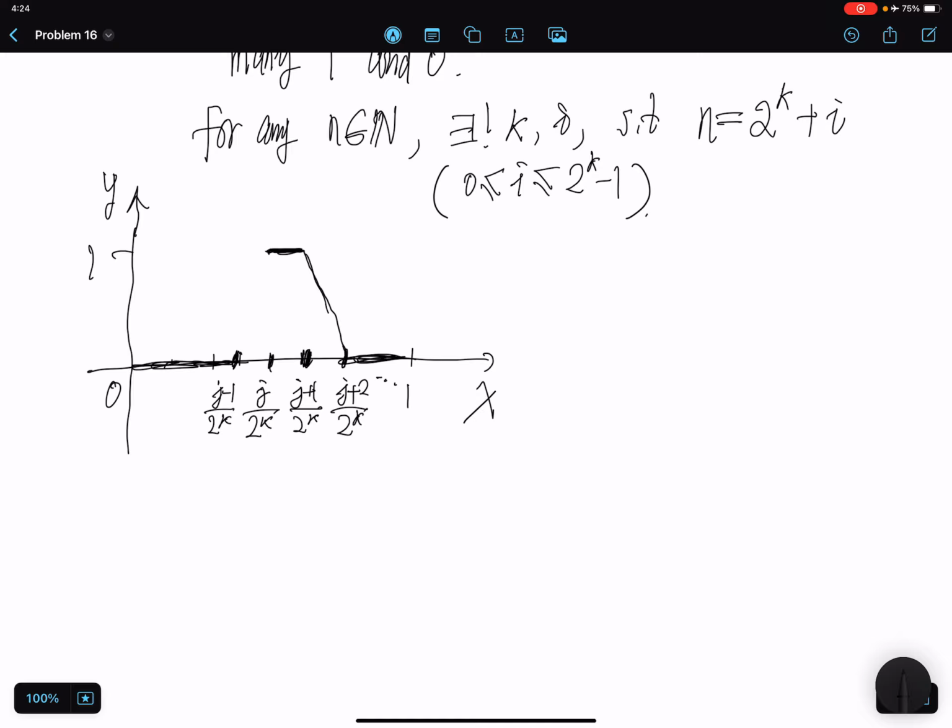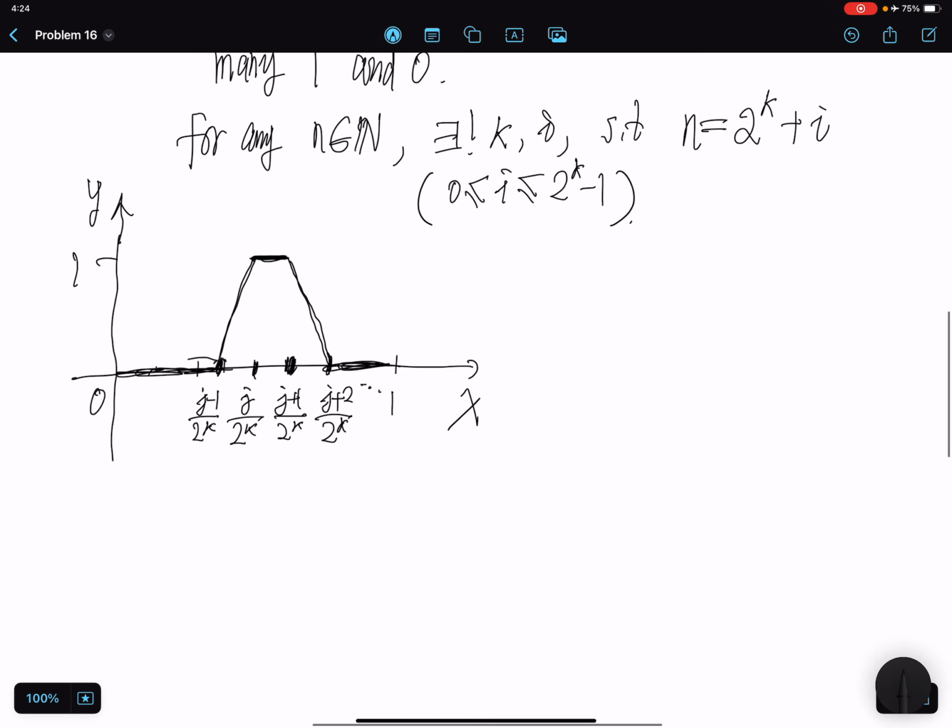Because we require this f sub n to be continuous, this is a continuous function. So basically, for n equal to 2 to the k plus j, f of x is in this format.